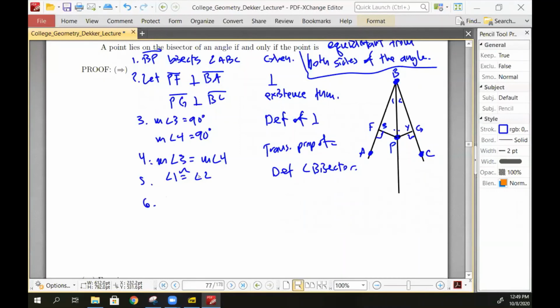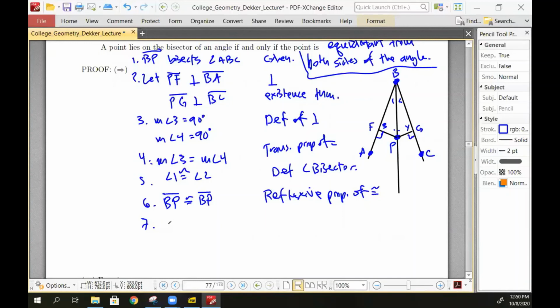So we know that BP is congruent to itself. And that's by the reflexive property of congruence. Everything is congruent to itself. All right. So then we have angle, side: 3, 1 side, 4, 2 side.